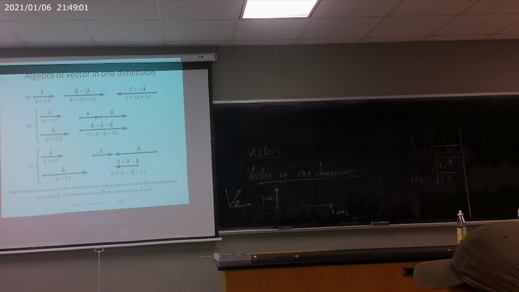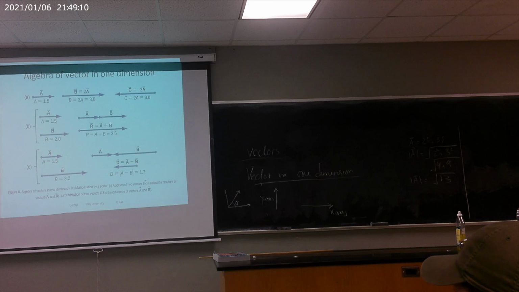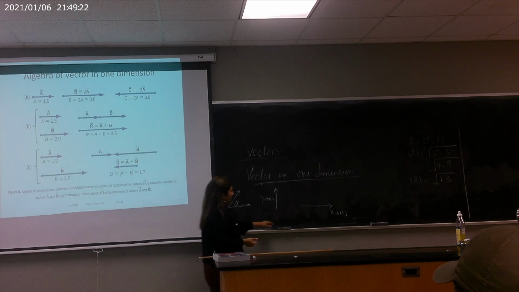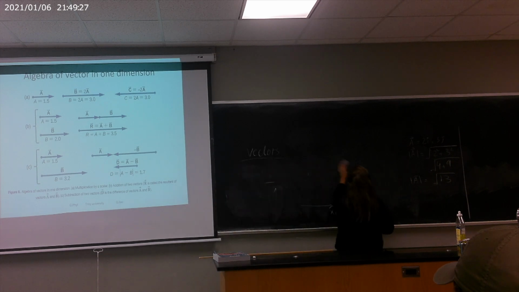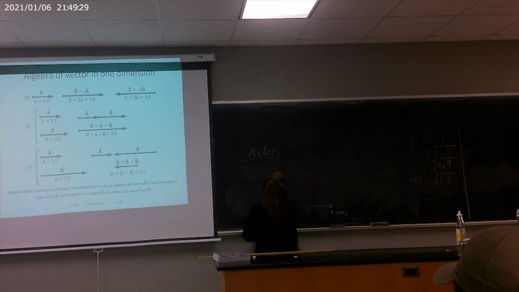Length is just a number. Magnitude is just a number. So if it is 1.5 long, and you get a new vector which you name B by multiplying it by 2, it becomes 3.0, and that is going to be in the same direction. All it means is if you have a vector and multiply it by a number, the size increases or decreases.